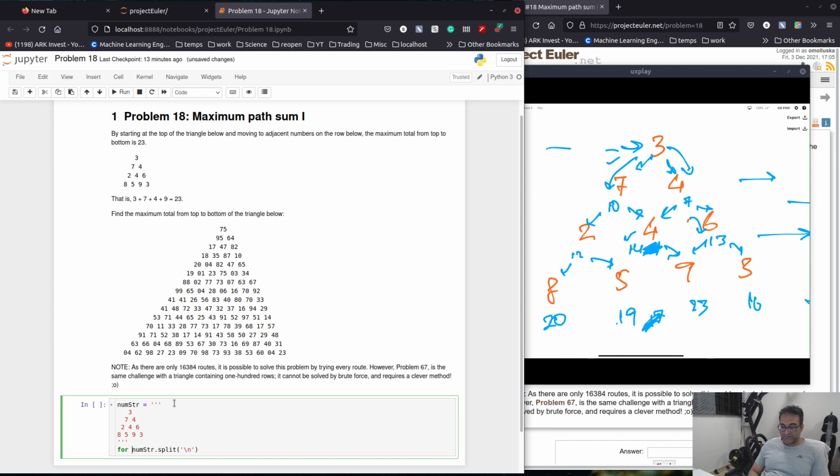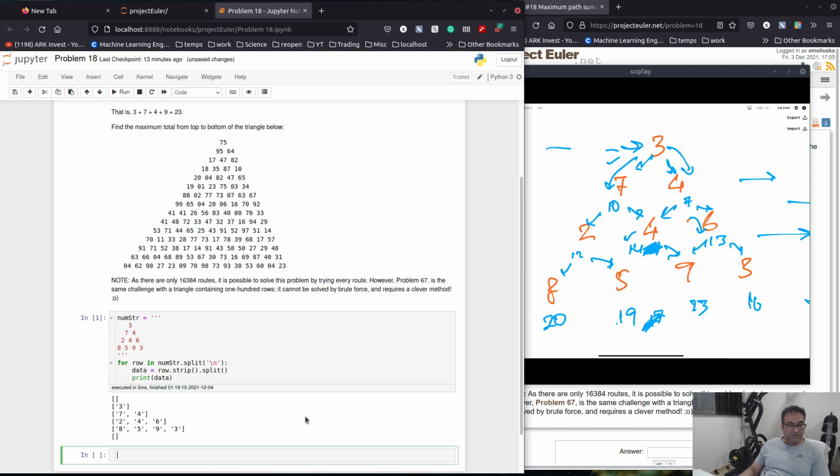For row in lines, data equals row.strip().split(), and print data. It will be that.